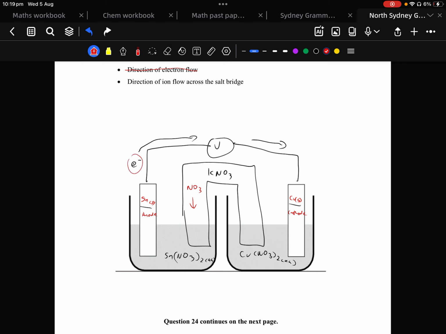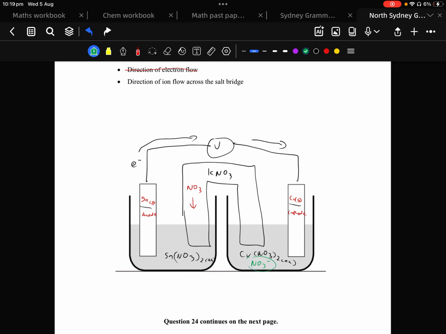And because these electrons move over into the solution to create more copper atoms, it leaves us with a lot of nitrates.